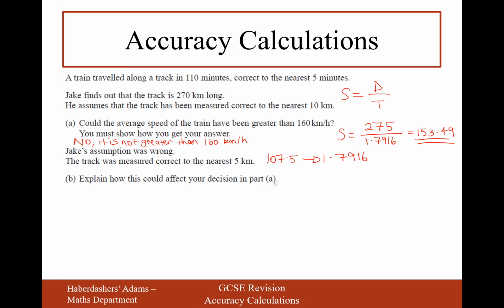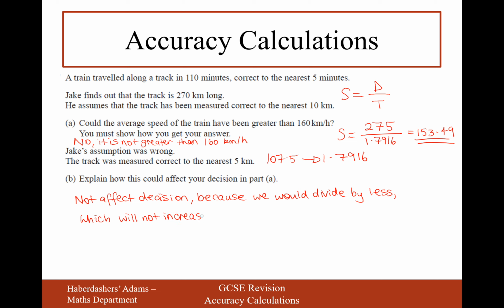Explain how this could affect your decision in part A. It will not affect the decision in part A, because we would be dividing by less, which will not increase the overall figure, the overall speed.